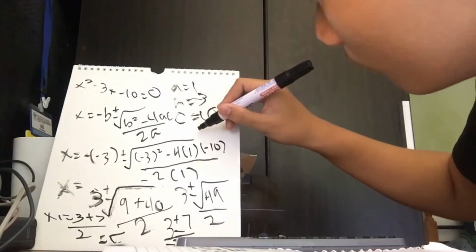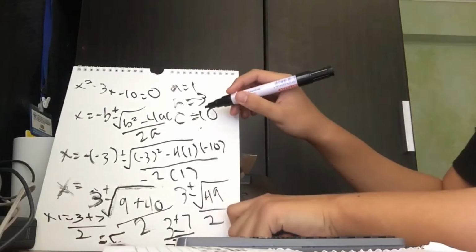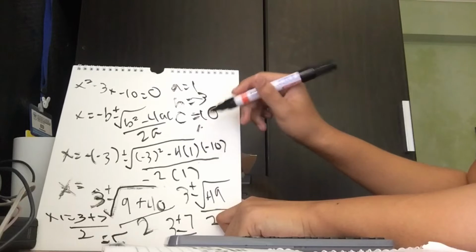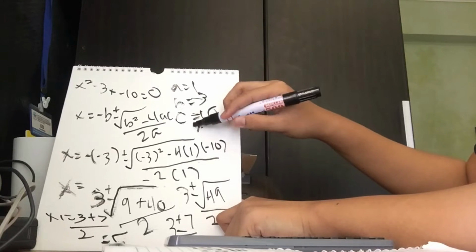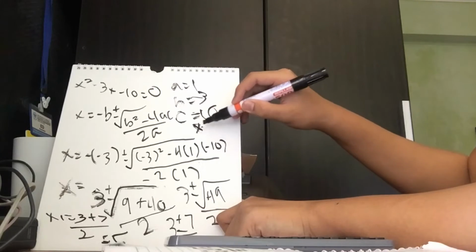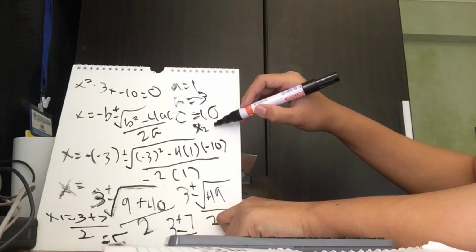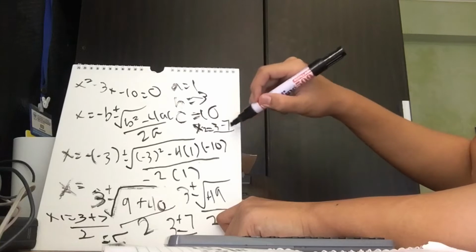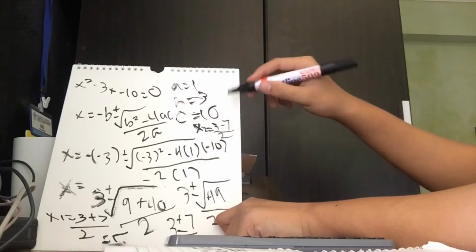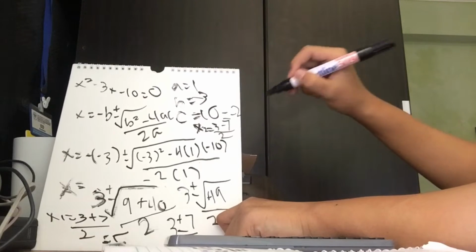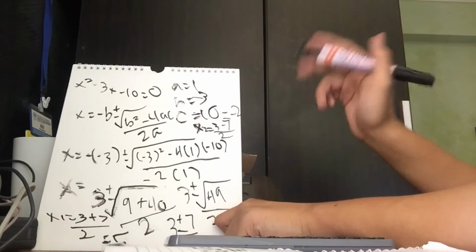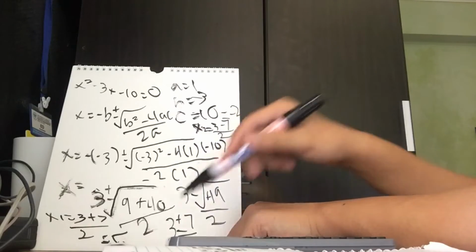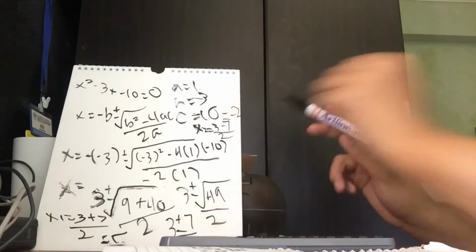So 3 minus 7 divided by 2 is negative 2. So these two are our answers, 5 and negative 2, x of 1 and x of 2 respectively.